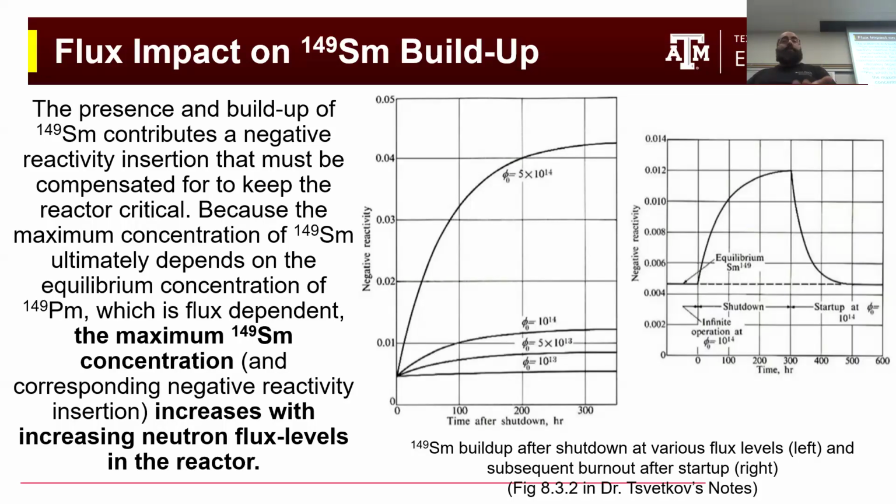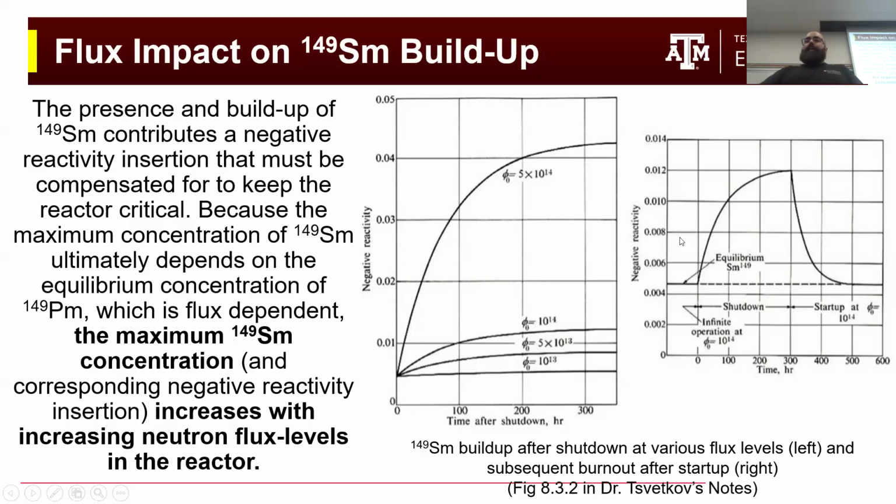That means we're going to get more promethium, and at that higher flux, we have more promethium that can become samarium. So this is showing the concentration of samarium as a function of the neutron flux. And as the flux increases, you build up more samarium because it comes from the promethium, which is flux dependent.